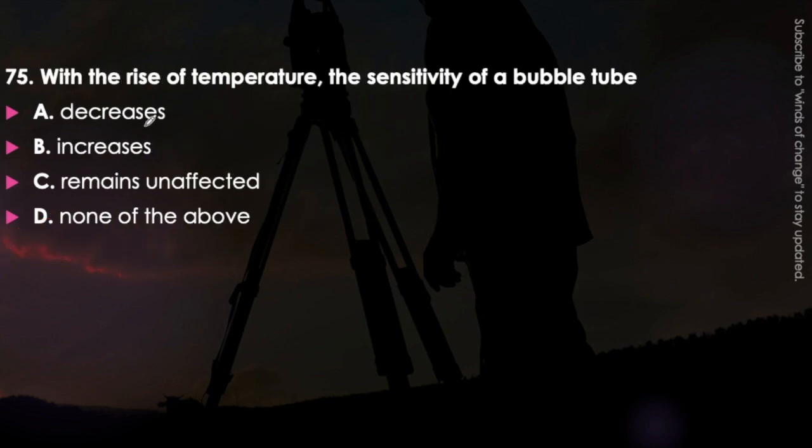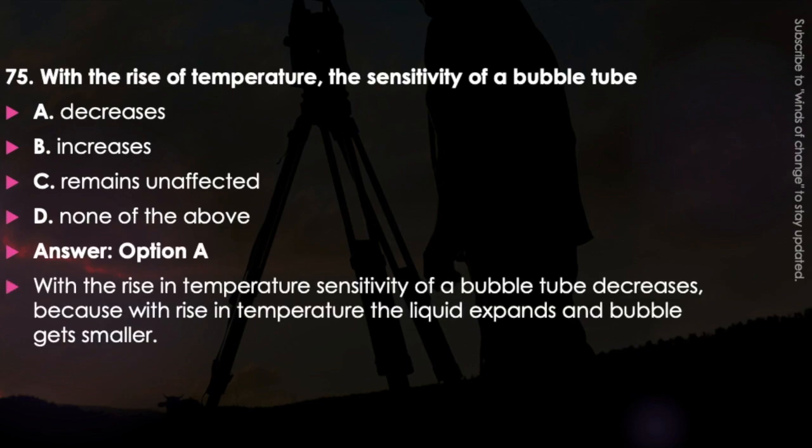Next question. With the rise in the temperature, the sensitivity of the bubble tube decreases or increases or remains unaffected or none of the above. Just think about it. The sensitivity of the bubble tube, will it decrease or increase or remain unaffected? The answer will be option A, that is it will decrease. And why does it decrease?